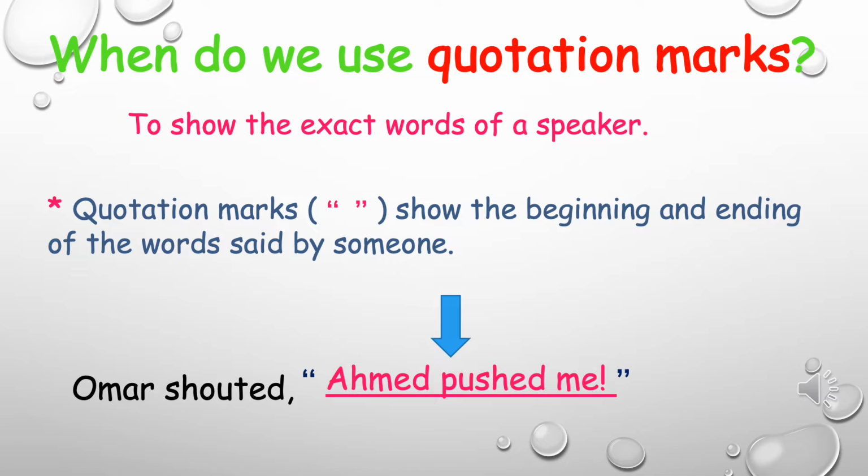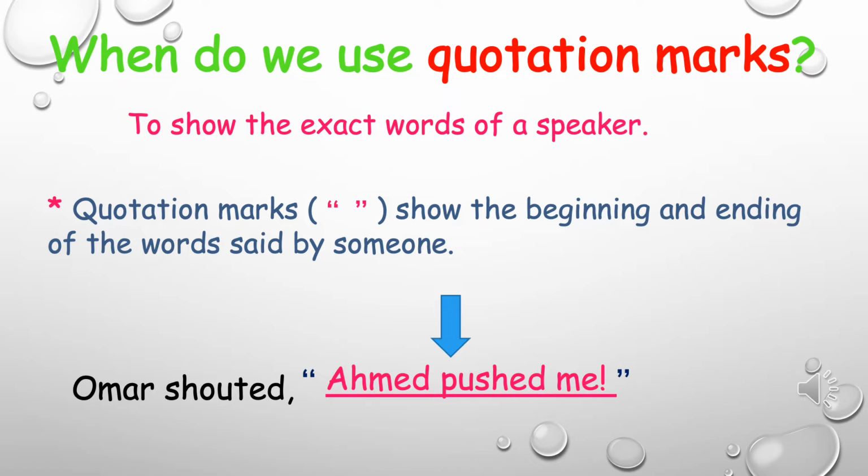When do we use quotation marks? We use quotation marks to hold the spoken words or to show the exact words of a speaker. Quotation marks show the beginning and ending of the words said by someone.